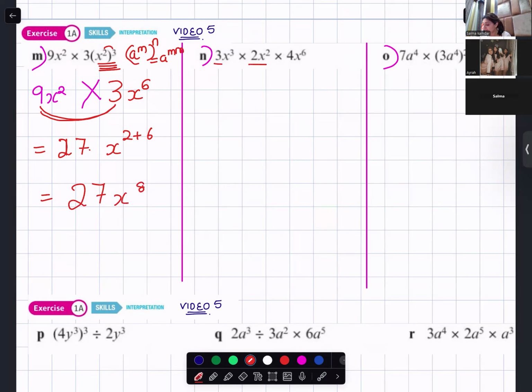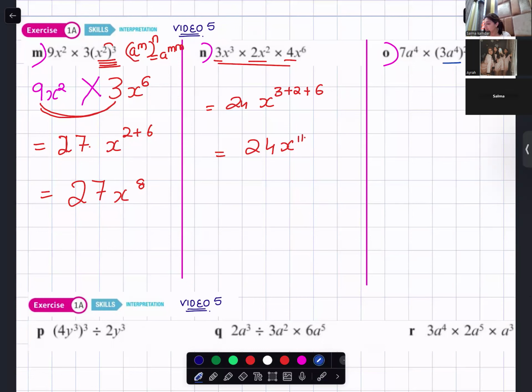Over here, variables separately, 3 into 2 into 4. So this becomes 24. 3 into 2 into 4, you can also use your calculator. X would be 3 plus 2 plus 6. So this becomes 24x raised to 11.